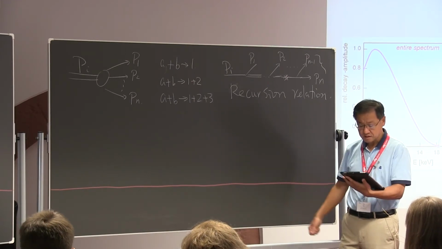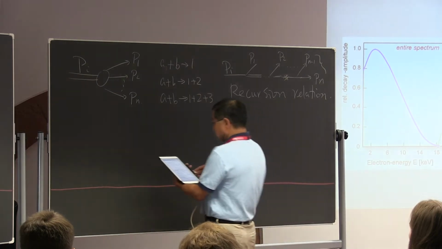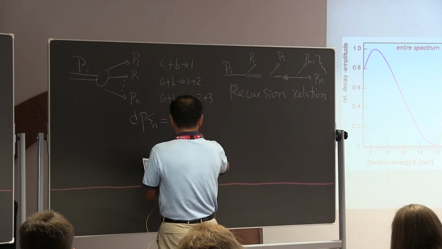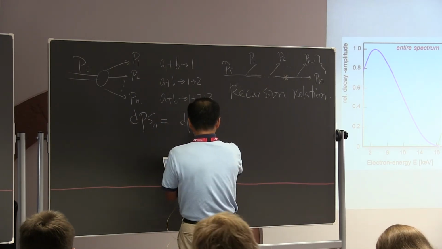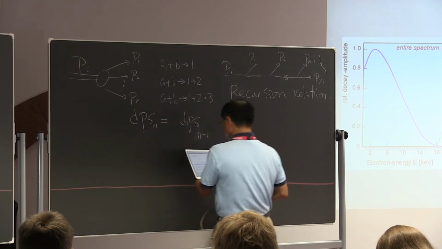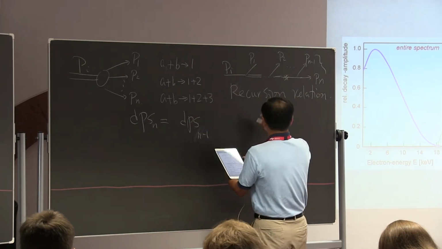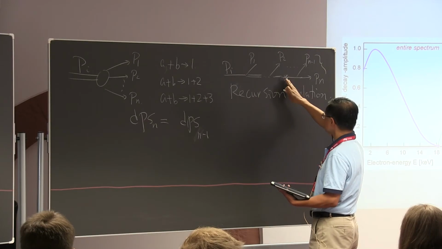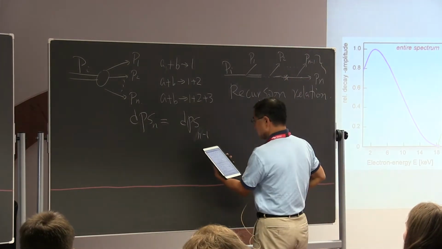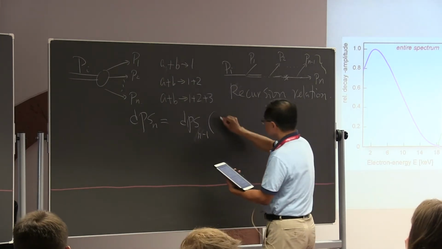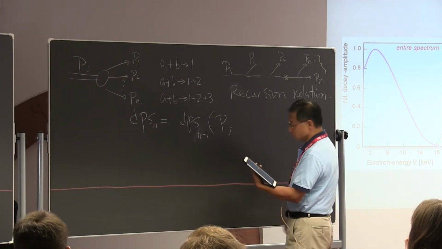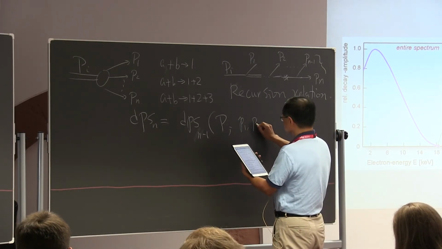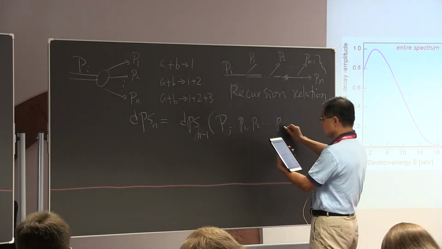You can derive this easily yourself, and it gives you an expression where the n-body phase space is decomposed into the n minus 1 body phase space times the break-up. In principle, you can break it up anywhere, but for convenience, let's just see the last pair. This is the initial state momentum again, and then you have the listing of particle 1, particle 2, until particle n minus 1.